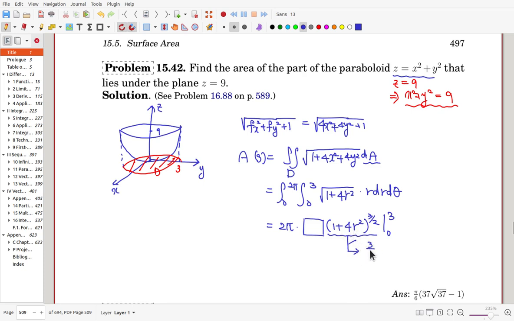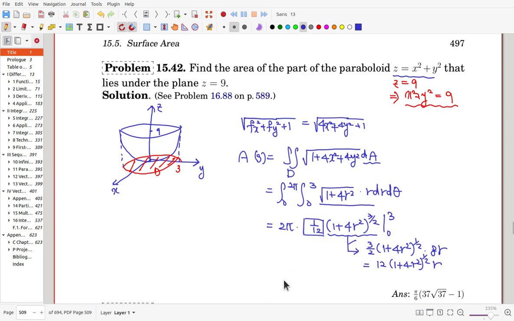Then there is 3 over 2 and 1 plus 4r squared to the half power, and the derivative of the inside is 8r. That is the same as 12 times 1 plus 4r squared to the half power, times r. By comparison, we can see that 12 is extra. To eliminate that, we have to put 1 over 12. So we found the antiderivative.